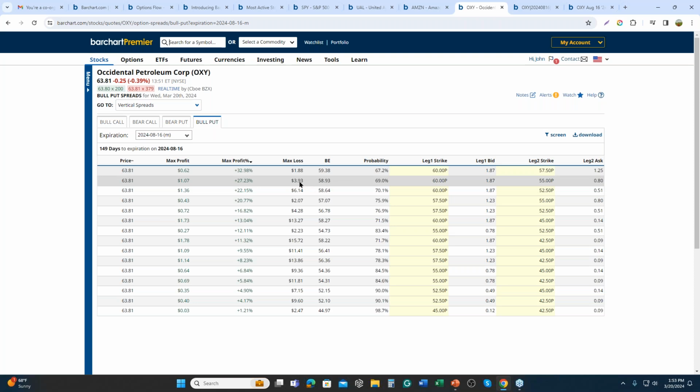Now, in my world, my threshold, that's 1 to 4. It's probably not something that I would do. I'd probably want to get closer to 1 to 3. But again, every trader is different. And if you believe in this trade, I don't think that is a bad result in considering this type of credit trade.